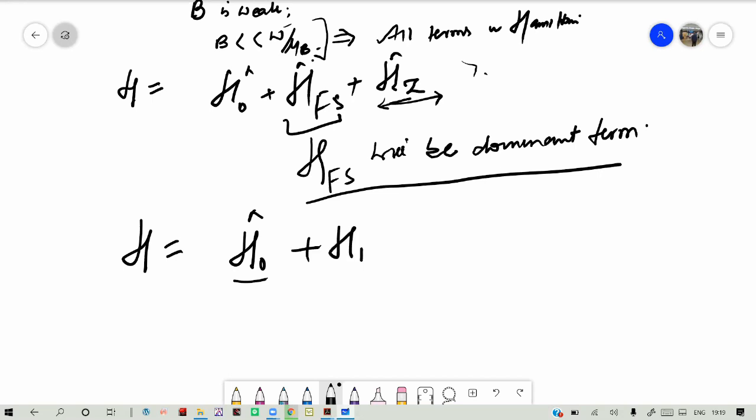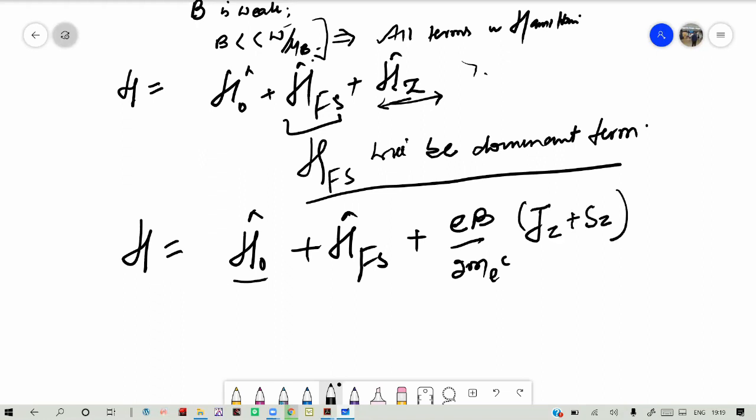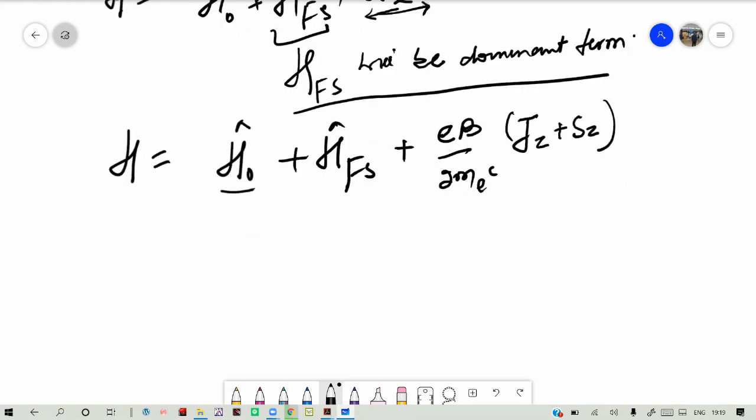And there will be a fine structure term, which we have already determined in earlier classes, plus the Zeeman term, which is eB by 2m_e c into (L_Z plus 2 S_Z).